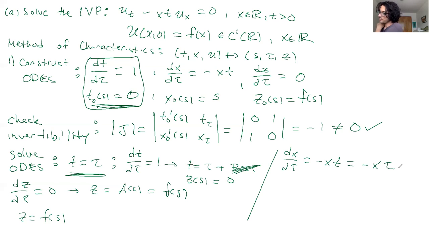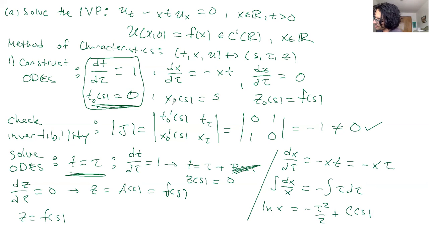Now we're in a separation of variables situation. So we have the integral of dx over x equals minus the integral of tau d tau. In other words, log of x is equal to minus tau squared over 2 plus some constant of s, right?